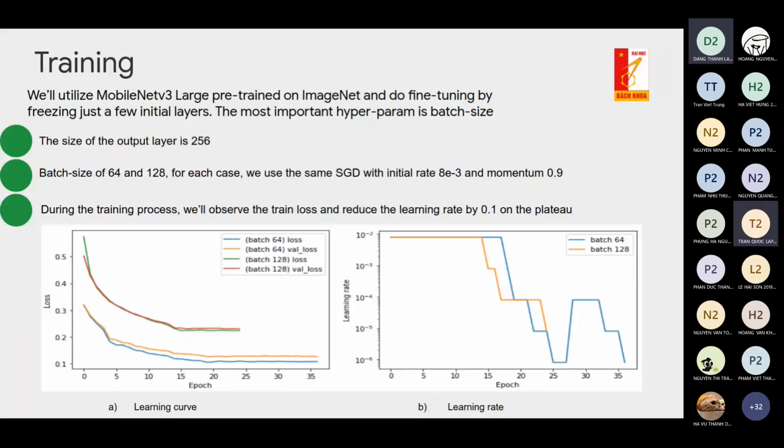The total number of parameters in MobileNet V3 is 3 million, and we froze 1 million, which means one third of the parameters.